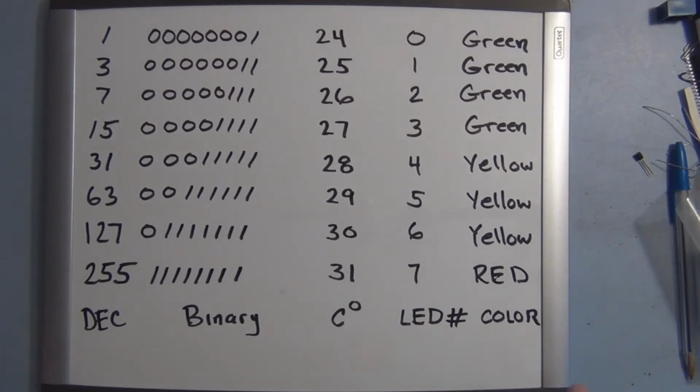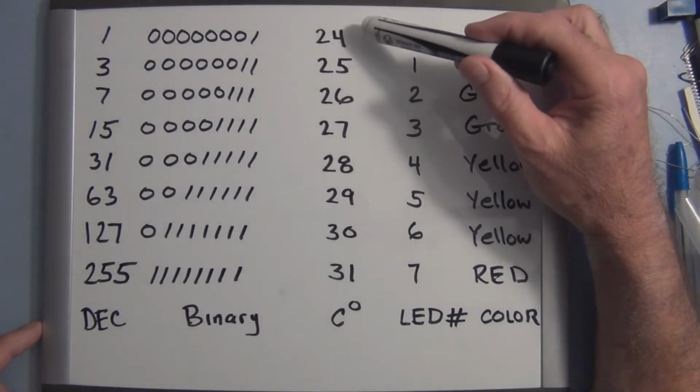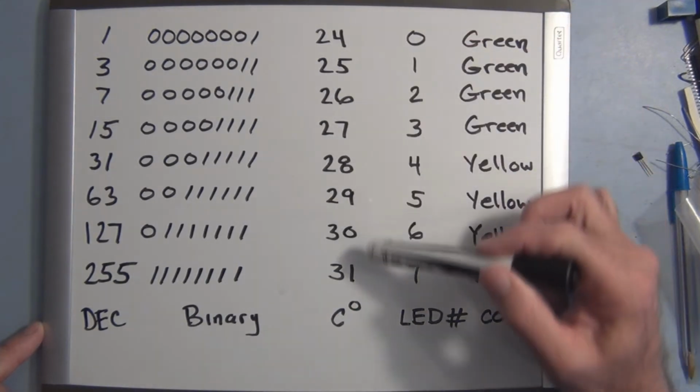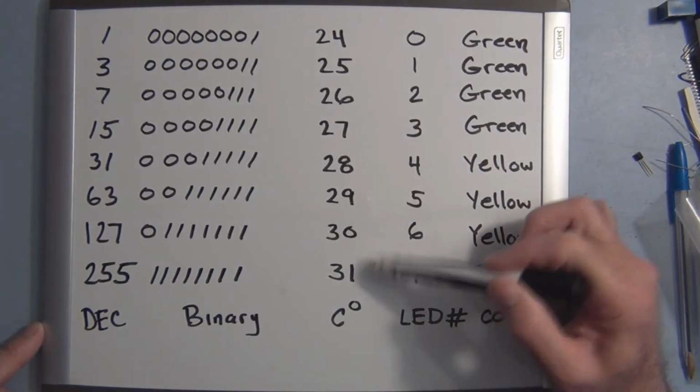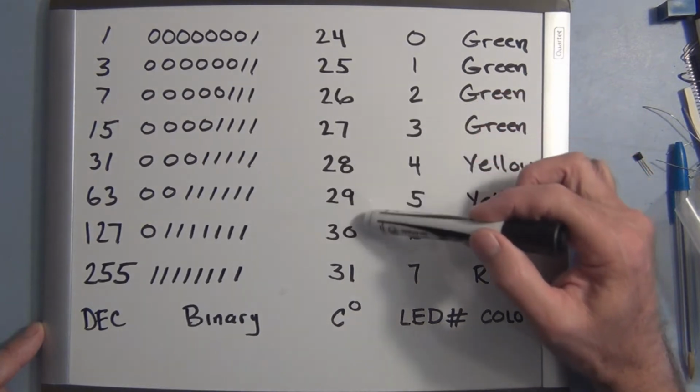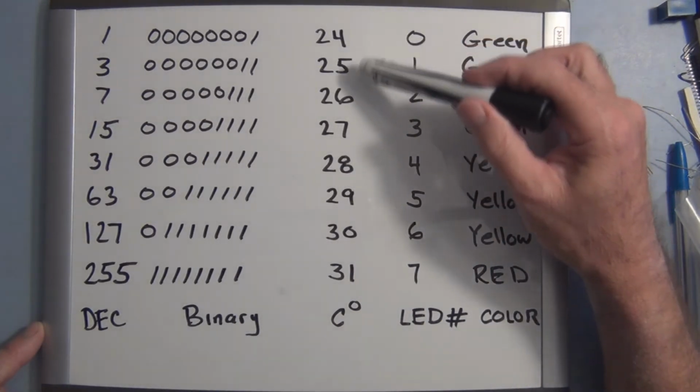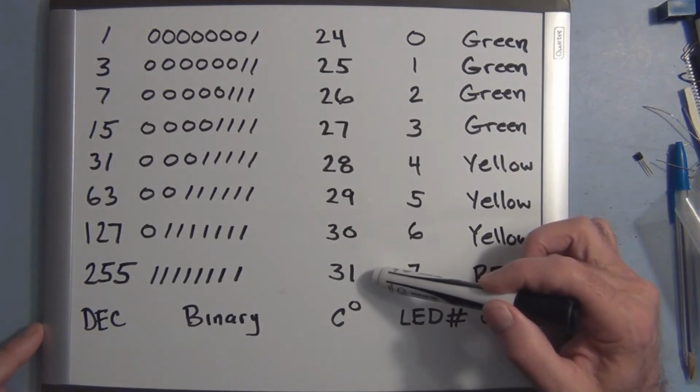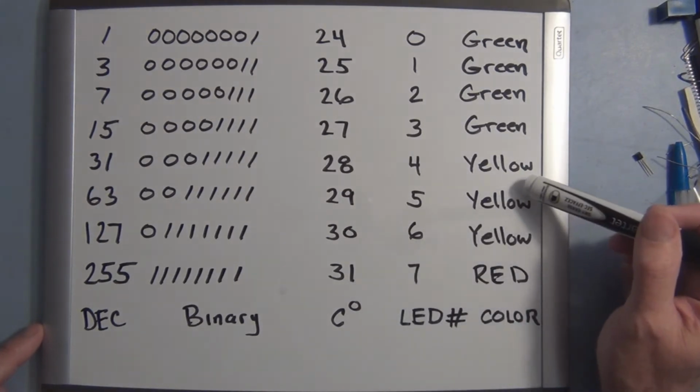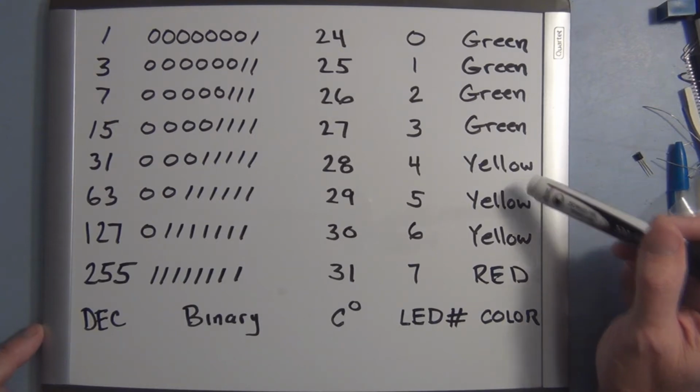The I2C temperature sensor has a larger range of temperature measuring capability than we're going to take advantage of. We're only going to use 8 LEDs, so we have to pick a range of temperatures of interest, and we're going to use 24 degrees C up to 31 degrees C. That's 8 discrete temperatures, and those are the only ones that we're going to be concerned about and represent in the visual representation with the LED bar graph.